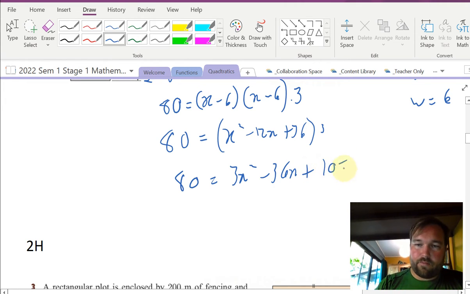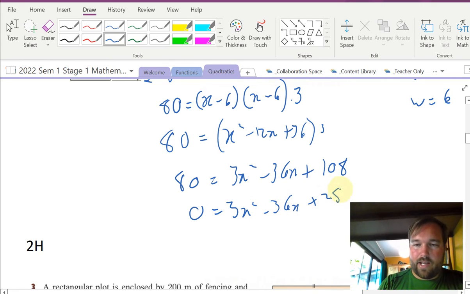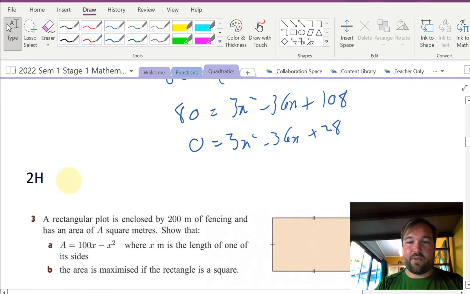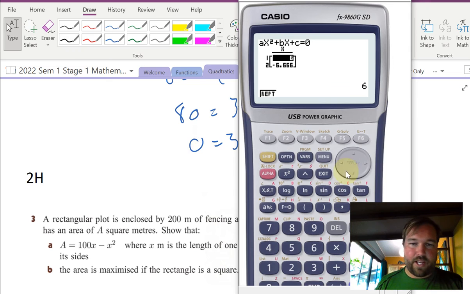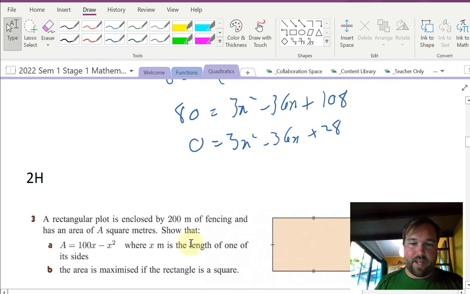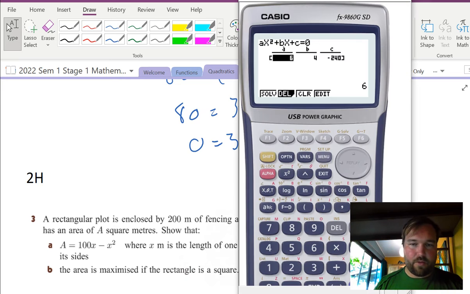Feels like a 108. Cool. Then let's take 80 from both sides. 0 equals 3x squared take 36x plus 28. I'll factor 3 out of them all. Quadratic formula or trusty calculator. What was it? 3, neg 36, plus 28.